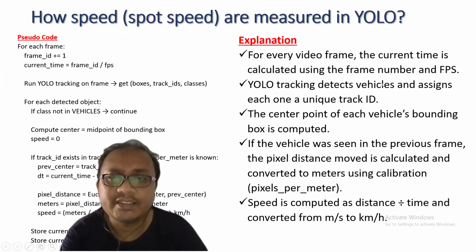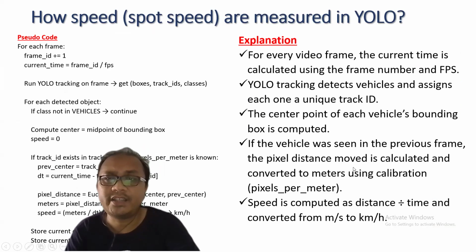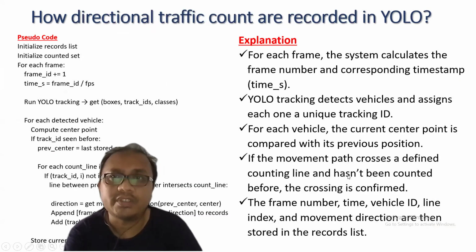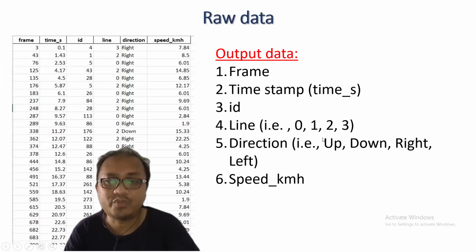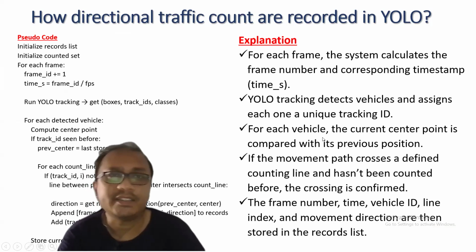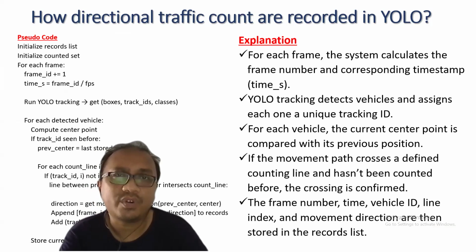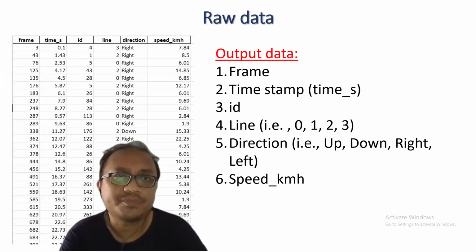Whenever a vehicle crosses the counting lines, it is counted, and the pixel distance is also recorded and converted into meters. Then the crossing is confirmed, and the frame number, time, vehicle ID, line index, and movement direction are recorded. Movement direction is recorded in the list. This is the pseudocode for the directional traffic count.